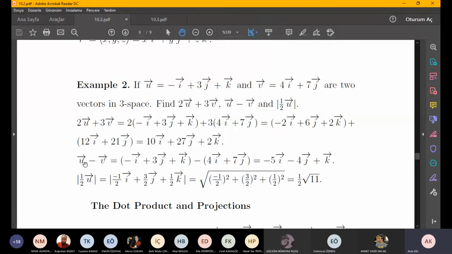And let's find u minus v, which means you will add -1 times v to the vector u. So u will be just the same. You need to multiply vector v by -1, so it will be -4i minus 7j. And you will do the same addition rule here for u minus v.